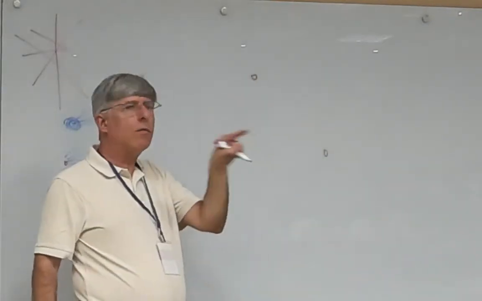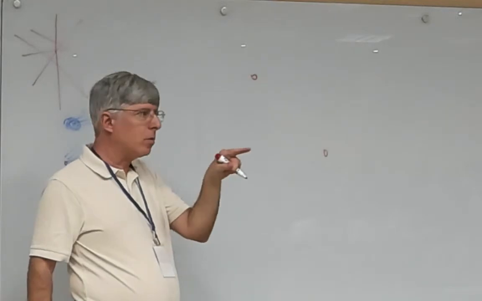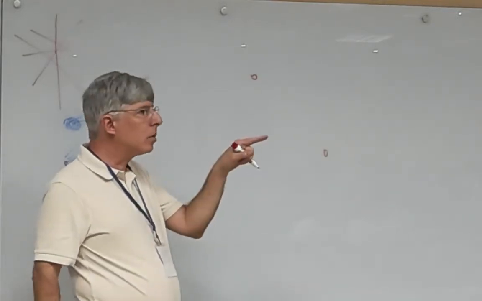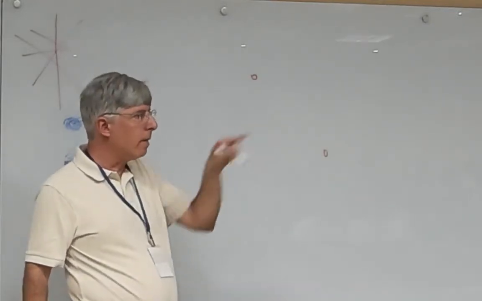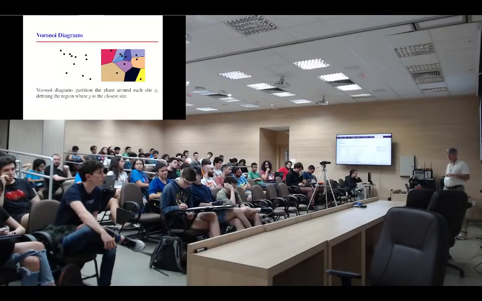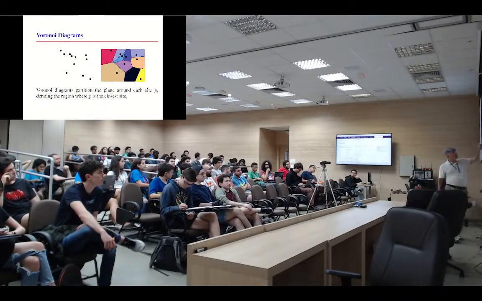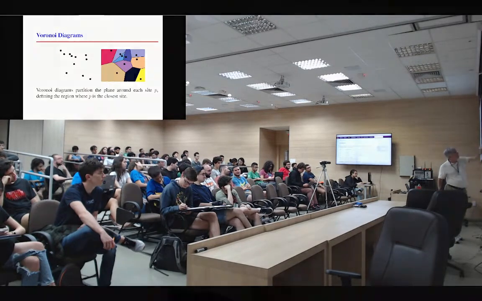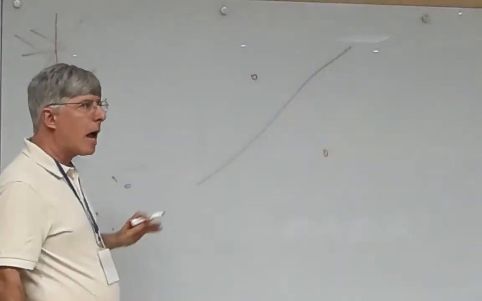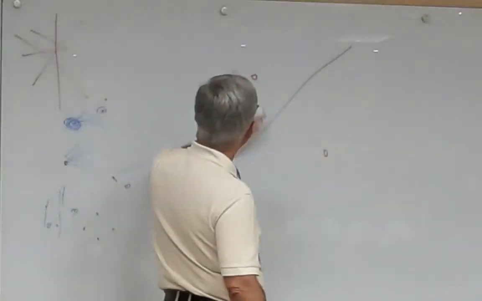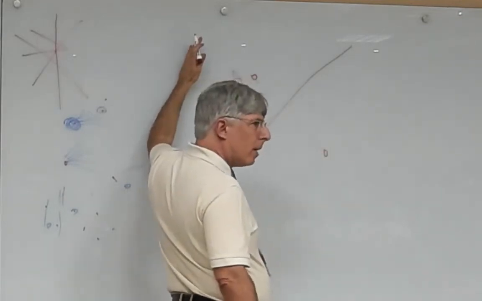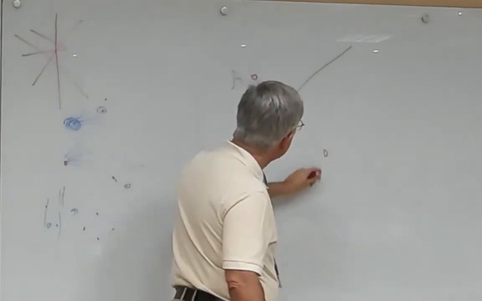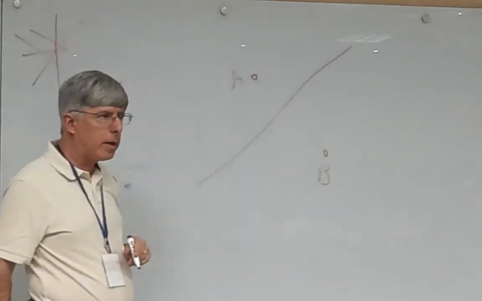How do you divide the plane up into regions so that we know which region is closest to which point? You take the perpendicular bisector to this segment. You find the line between the points, and you take the perpendicular in the middle of it. Now everything up to here gets answered by firehouse A, and everything on this side gets answered by firehouse B.